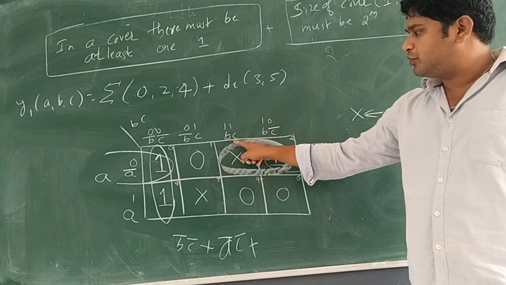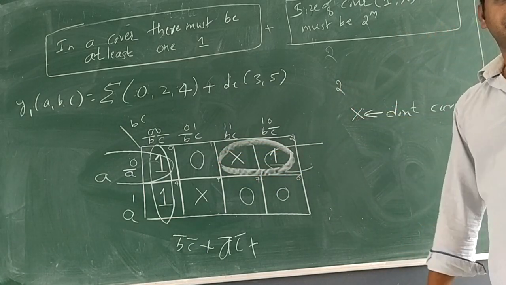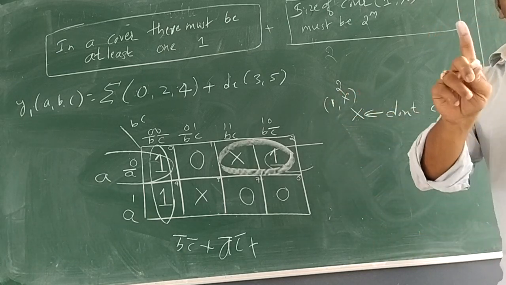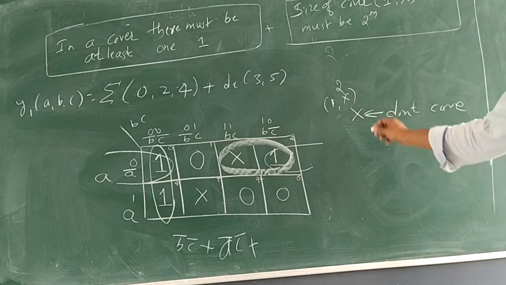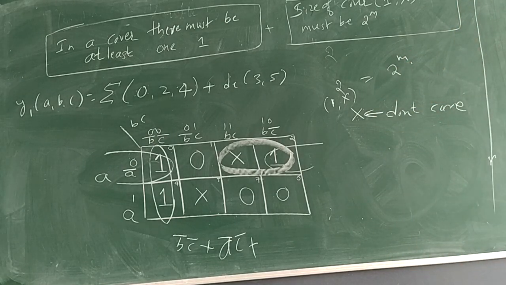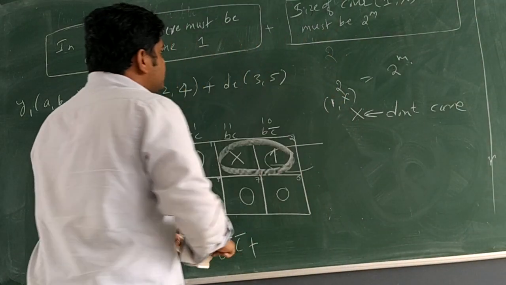See, let us check. How many entries are in this? There are 2 entries. Okay, how are the 2 entries? One 1 and one x. Together it is equal to 2 raised to m. M means 1. This condition is correct. Second, the previous condition is what?